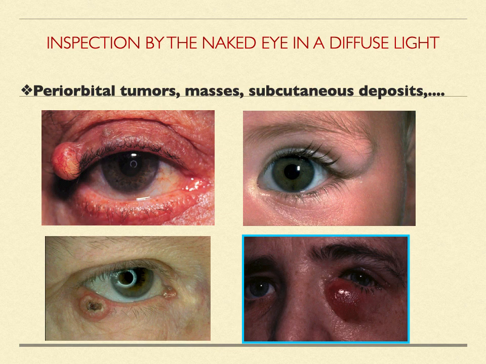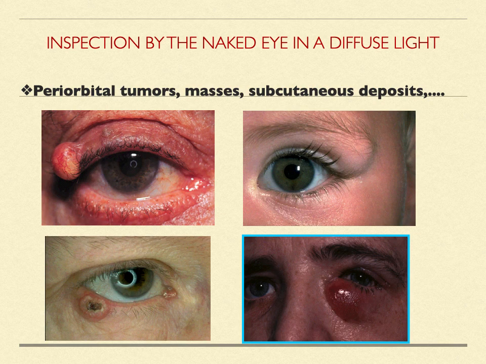Inspection also, we have to look at what is surrounding the eye. We can see tumor masses like the picture on the upper left side. This is a sebaceous cyst hanging down from the upper eyelid. On the upper right side, there is a dermoid cyst, a congenital dermoid cyst, usually at the angle, and we need palpation to see its consistency and whether it's painful or tender or not.